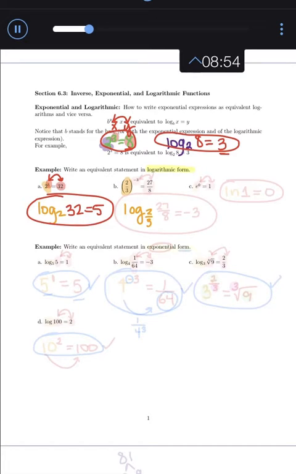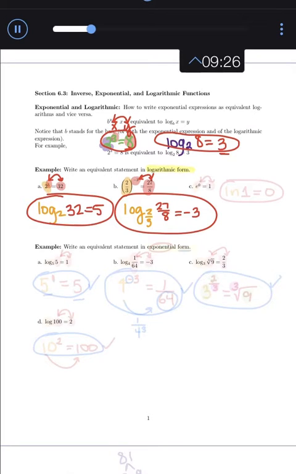But then again, just like the last one, because they're inverses, I have to swap the x and the y, the other two numbers, the -3 and the 27 over 8. So the 27 over 8 is going to be on the left-hand side now, and the -3 will be on the right. And that's it. So we'll have log base 2/3 of 27 over 8 equals -3.